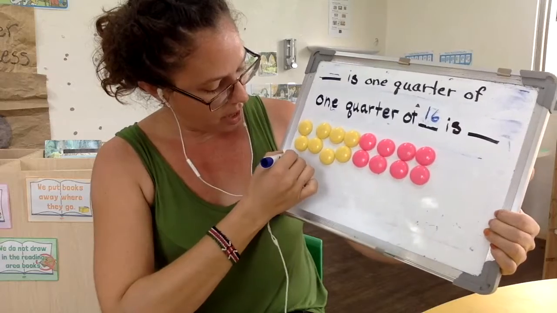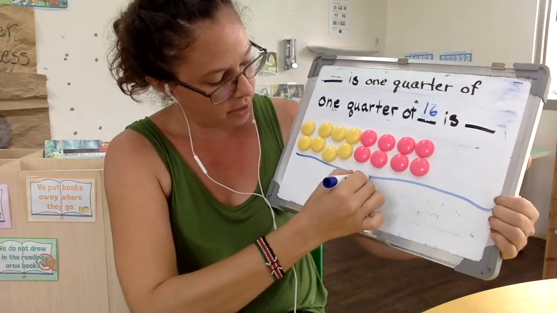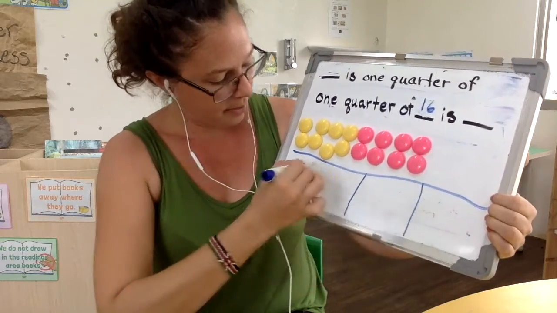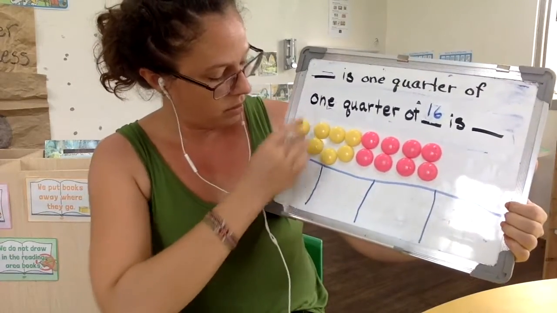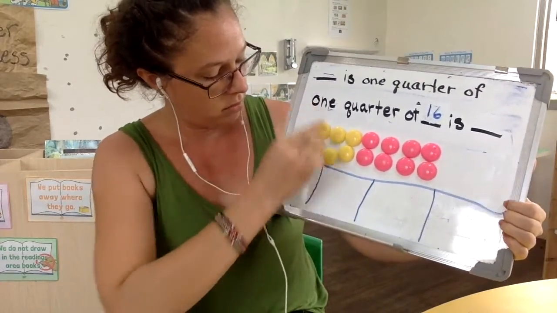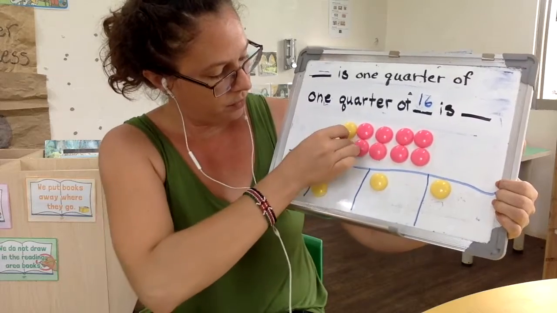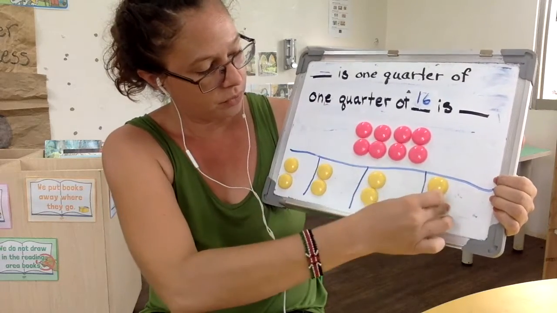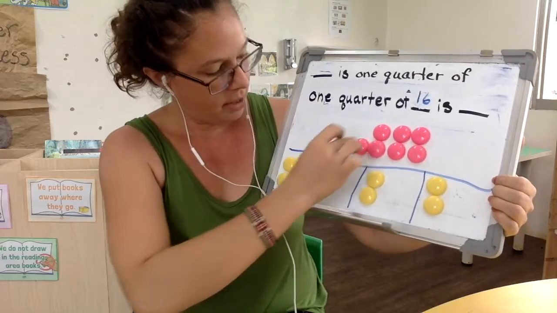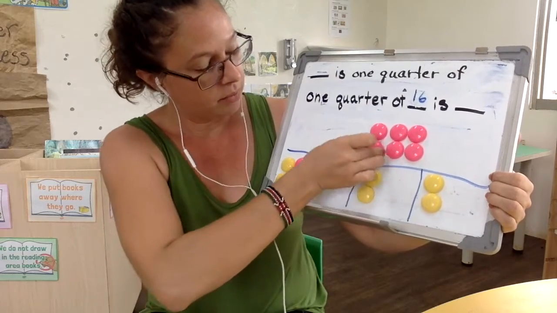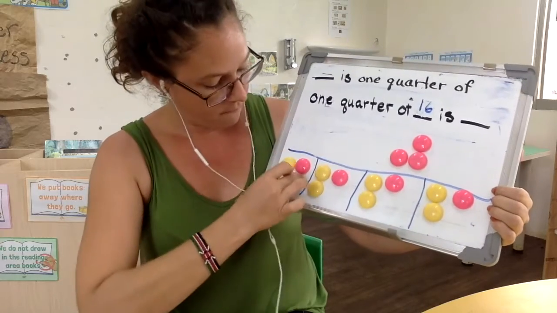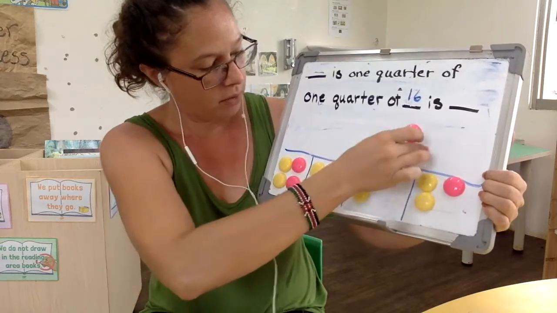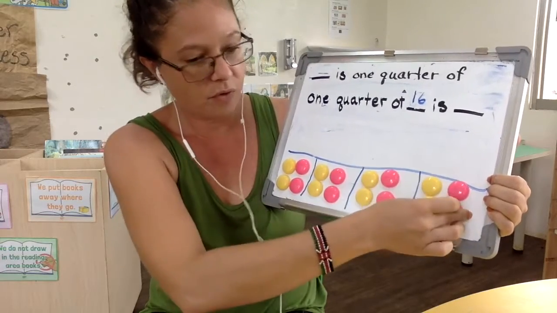Now let's try sharing them equally. We'll split them into 4 different groups. 1, 1, 1, 1, 2, 2, 2, 2, 3, 3, 3, 3, and 4, 4, 4, 4.